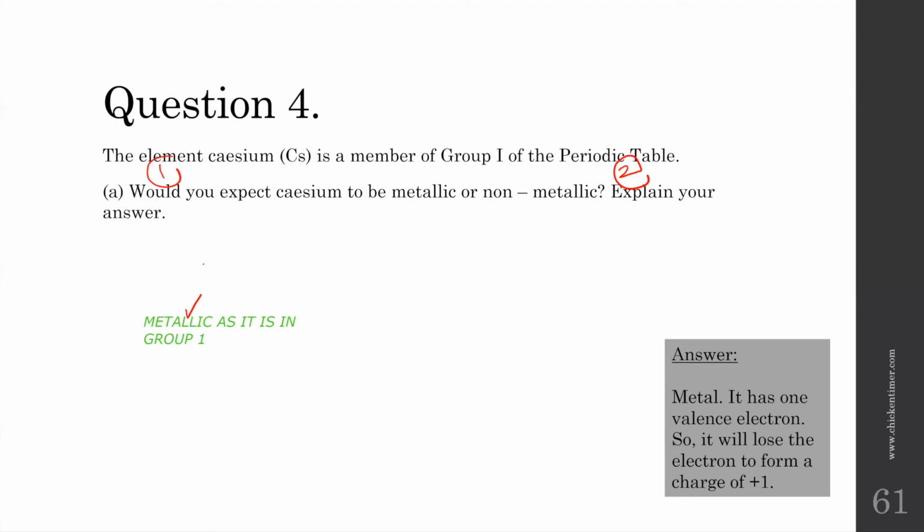If it's a non-metal, they will say that it has 5 valence electrons, maybe, so it will take in 3 electrons to form an ion with a charge of -3. So it is a non-metal. The answer is like that. So this is the kind of answer you will have to give if they ask whether it's a metal or a non-metal. Not by the location of the element in the periodic table. They are not expecting that.